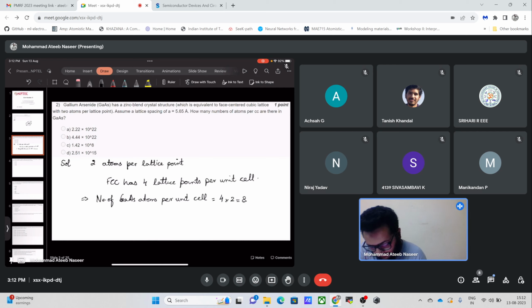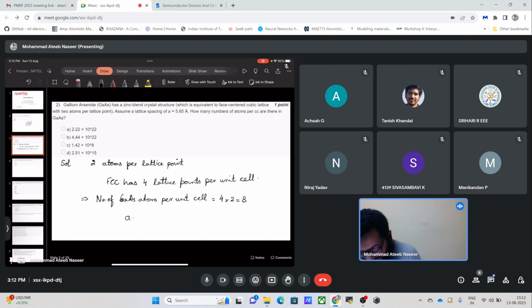Now this problem says that we have to find the number of atoms per cubic volume. So this simply means that we have to look at the lattice constant first. Since this is a cubic structure, we will be looking at the volume.